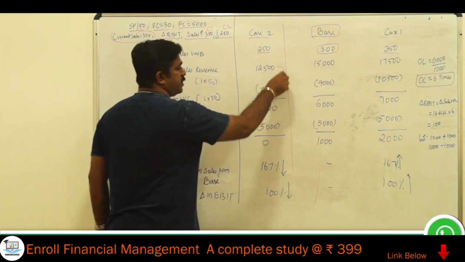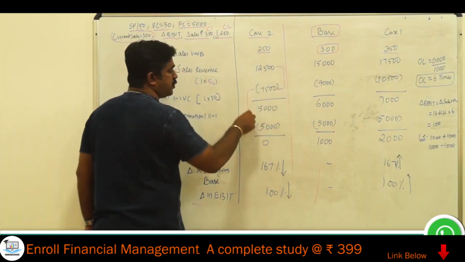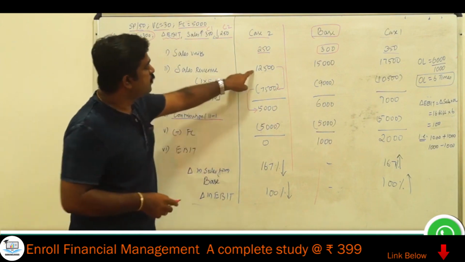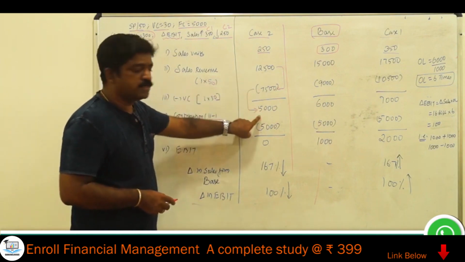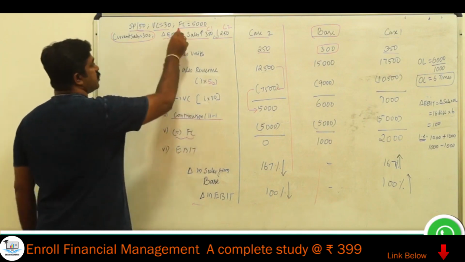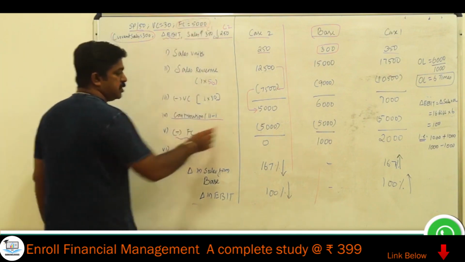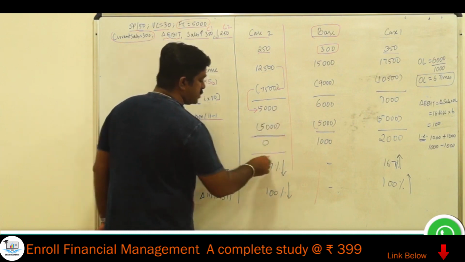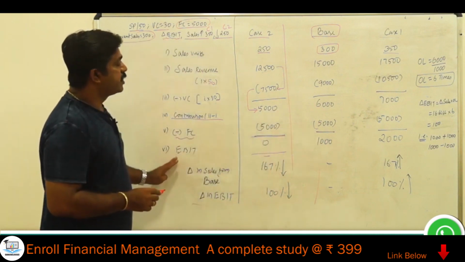So 12,500 minus 7,500 should give you contribution. We call this as contribution. 12,500 minus 7,500, it is 5,000. Now from this we have to deduct fixed cost. Fixed cost already mentioned in the question, 5,000. Let's deduct that. 5,000 minus 5,000, EBIT position is 0. This is for case 2.